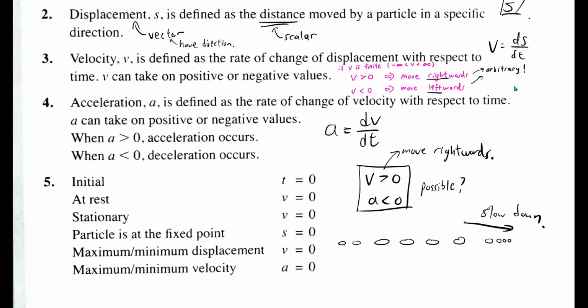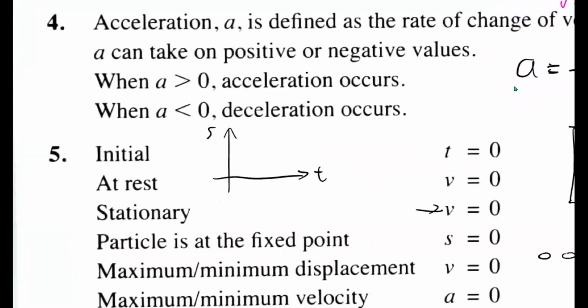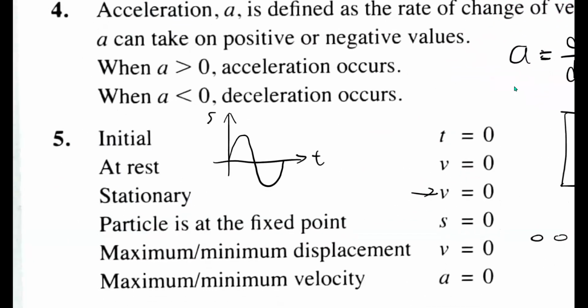The reason is, let's imagine this is the S graph against T, the displacement. Displacement can be positive and negative. Imagine if this was sine x, it goes up, goes down, goes up. Sorry, it should be S equals sine of T. What this describes is, as time progresses, your displacement is positive until it eventually becomes 0, meaning you go back to the original point.